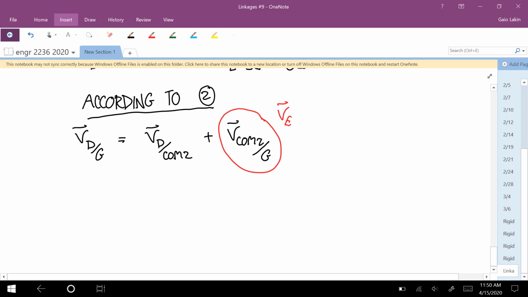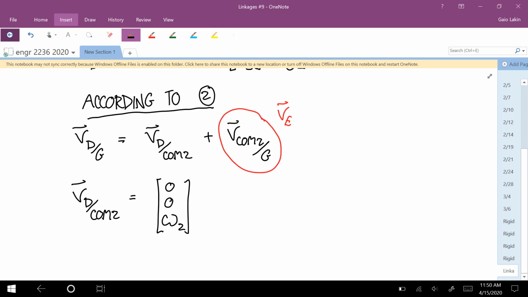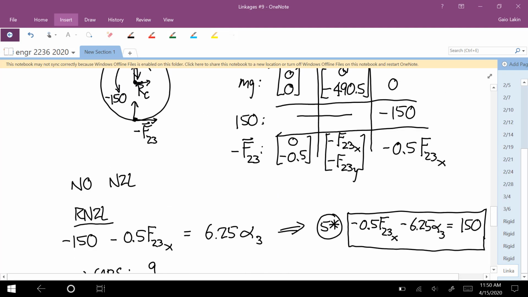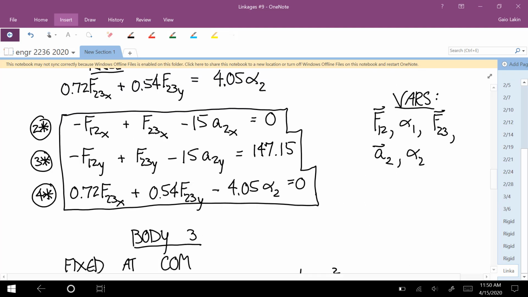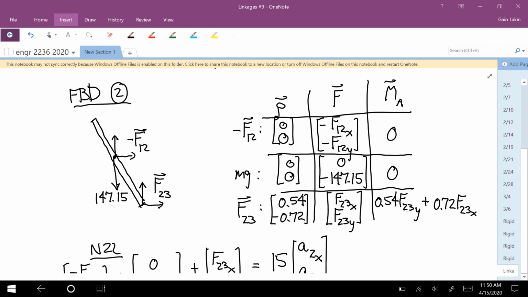Okay, so the velocity of D relative to the center of mass of 2 is 0, 0, omega 2 crossed with the R vector. And we already calculated that R vector a long time ago. It was a row vector before. That is the one, that is 0.54, -0.72.